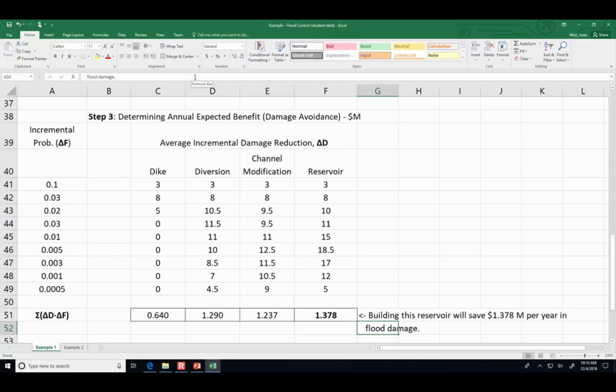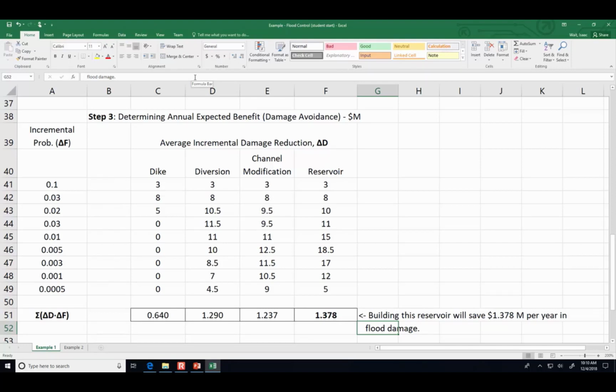So how much of this do you get to credit every year is what the delta F column is calculating. So in any given year, you're going to experience 10% of the $3 million savings, because that's like the size of that probability on an annual basis.